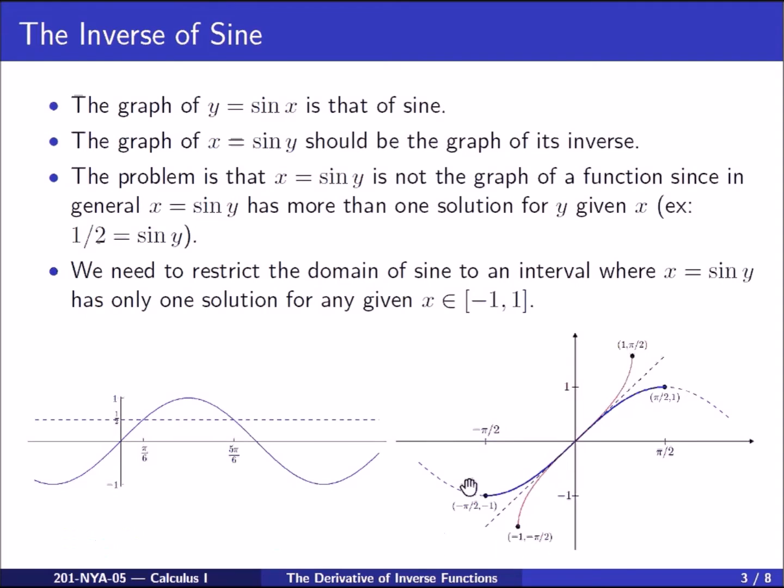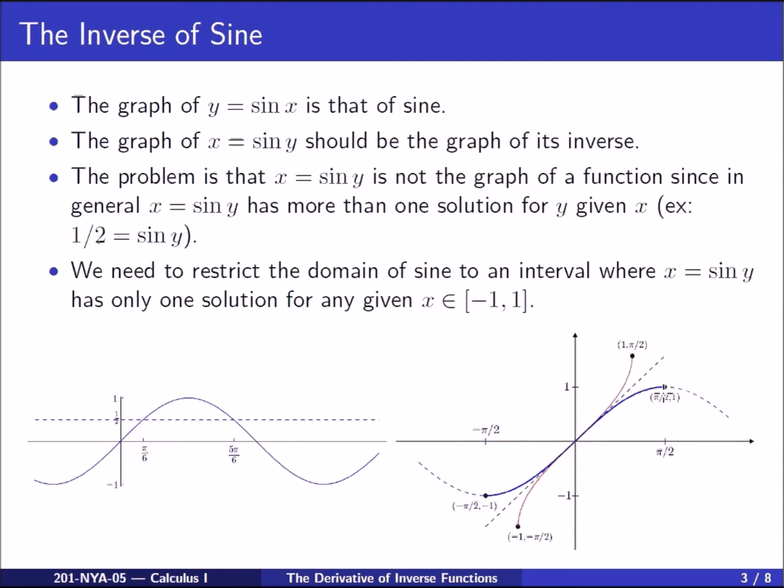At the same time, if I draw a horizontal line anywhere, it will intersect the part of the sine curve in blue in only one place. This means that we need to restrict the domain of the sine function to between -pi over 2 and pi over 2. So the angle we'll be looking for will be within that range.